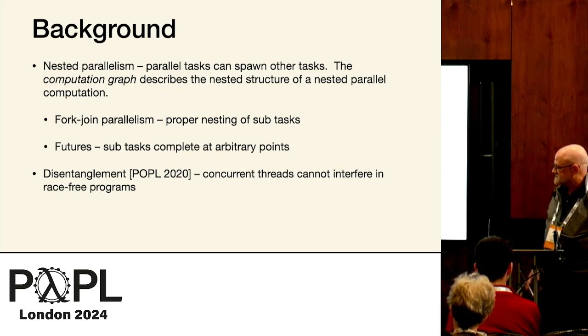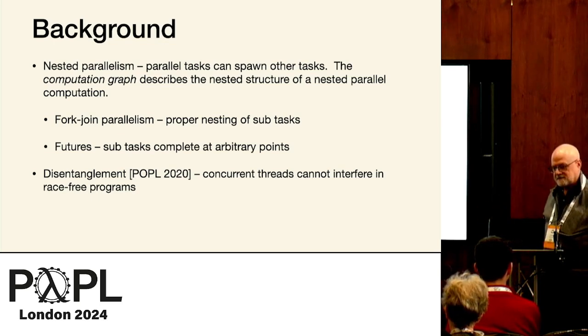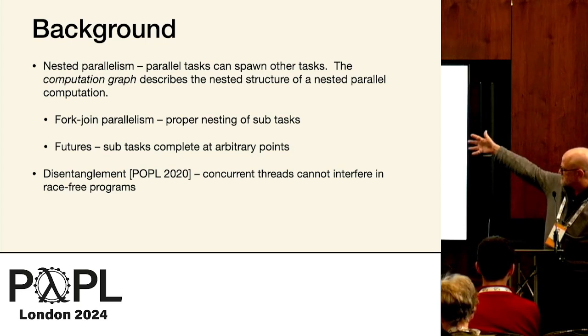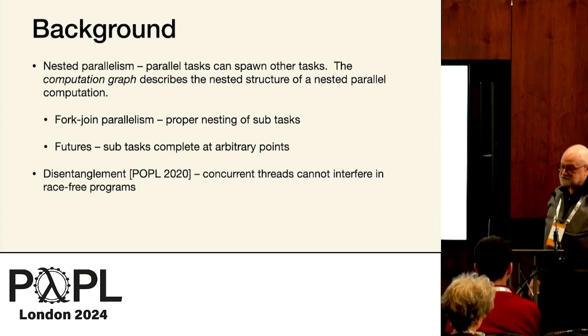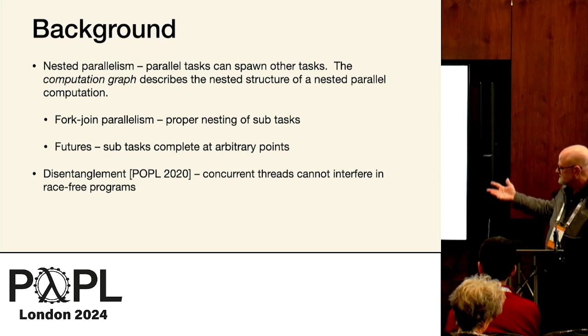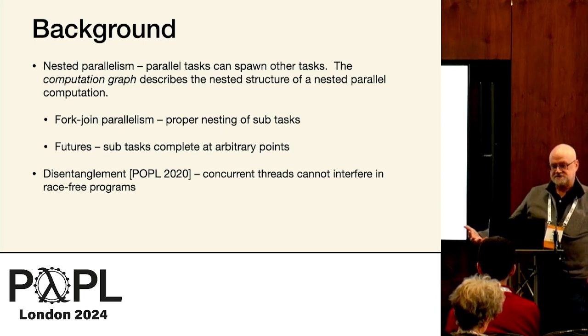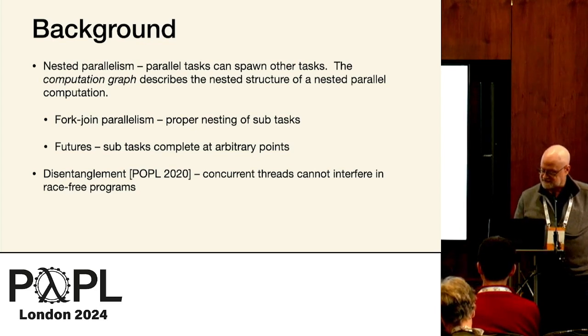So it's a kind of a separation property about the parallel threads. And in the early work, disentanglement is a property that could be checked dynamically by basically looking at the computation graph. But in some of this more recent work that we'll talk about in a moment, people are starting to come up with more static approaches to understanding disentanglement.